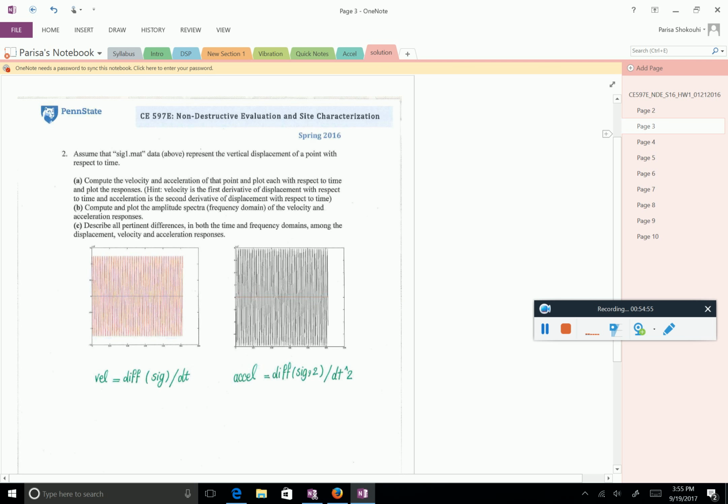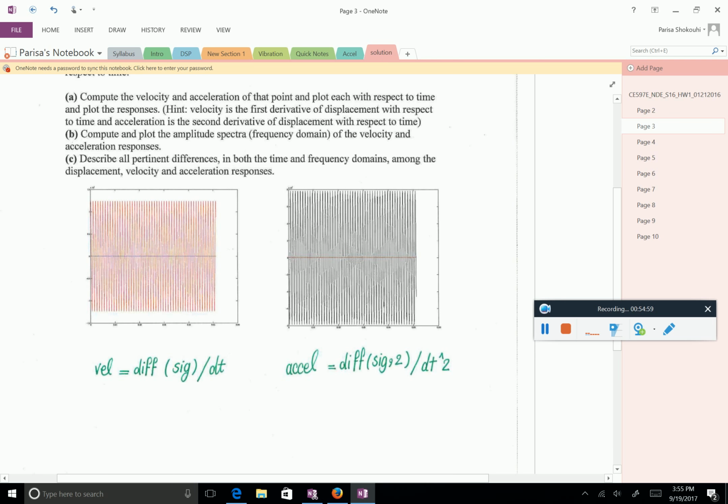This one was a problem where we have velocity and acceleration. Some of you just wrote down how to do velocity and acceleration, that's fine. And some of you forgot that you need to normalize by dt for velocity.